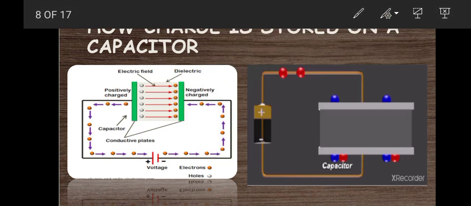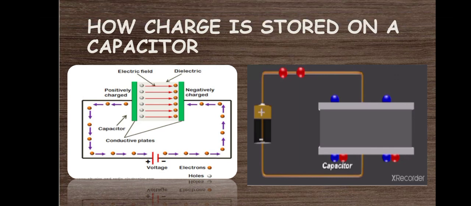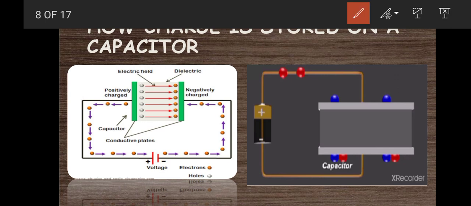And how are they bound there? As you can see, I have told you that there is an insulator present between the two plates. Can you guess why the insulator is in between the plates? So that the electrons, the charges, remain bound to the plates.